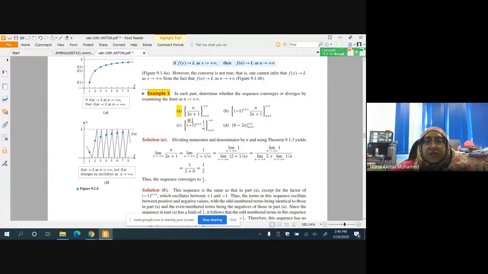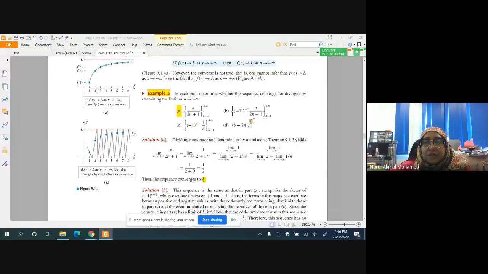You will get infinity over infinity. Then of course you apply L'Hopital rule. Okay, in this case somehow they divide with the highest order of the denominator. Okay, but by using L'Hopital rule, you can actually get the answer 1/2.